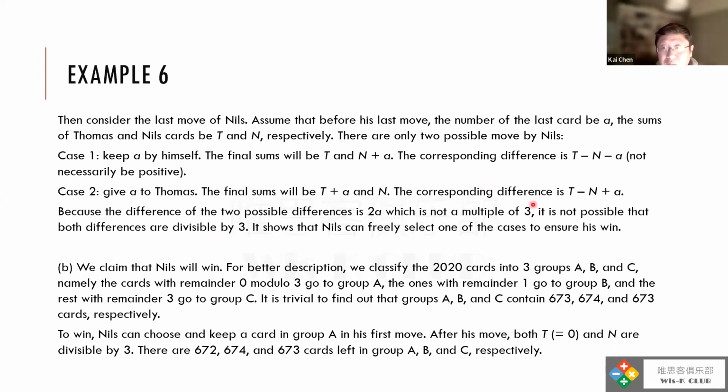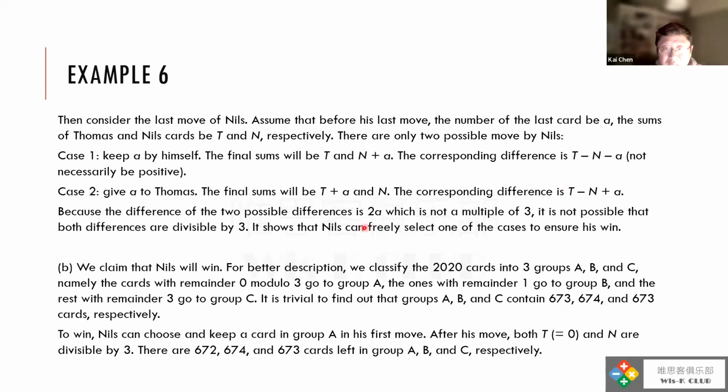Otherwise, if both numbers were multiples of 3, their difference would be a multiple of 3. But since the difference 2A is not a multiple of 3, at least one of these two numbers is not a multiple of 3.